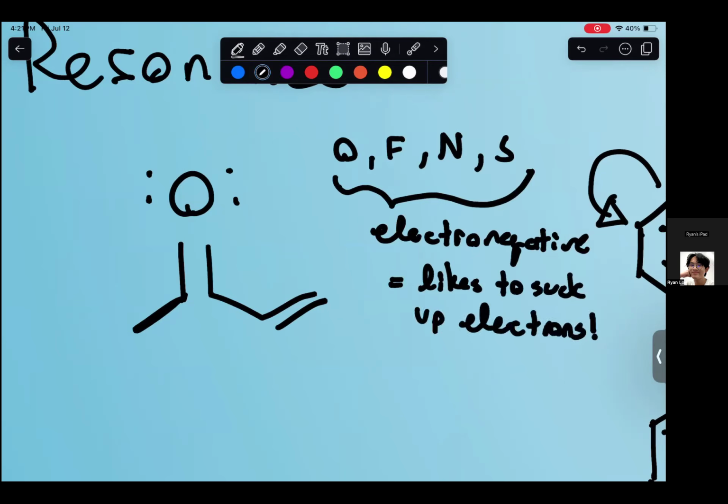So what ends up happening is that we recognize that this is an oxygen. What does it mean by suck up electrons? You see that this is a C double bond O. The C is right here, double bonded to an O. And what oxygen will do is scoop up these electrons right here.